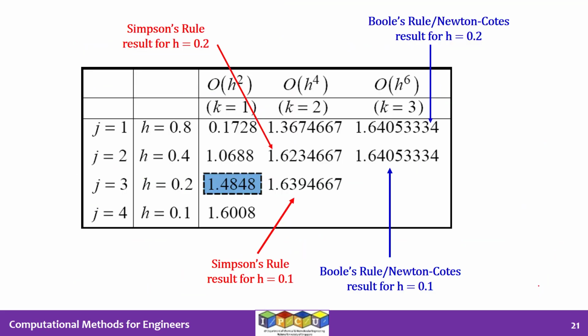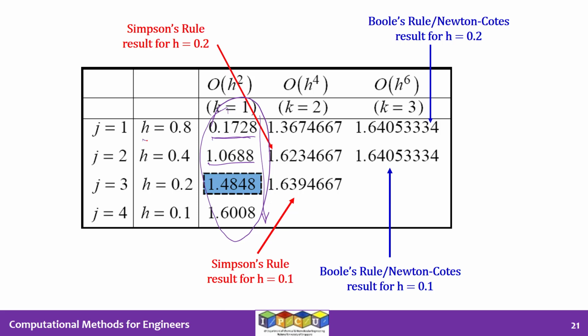Now, I've just arranged these numbers in a table, all right? So these are the estimates we got with trapezoidal rule for various h values. So I hope you remember this number. When we had h is equal to 0.8, we had 0.1728. H is equal to 0.4, trapezoid rule gave us 1.0688, etc. So you have these 4 numbers that you obtained from trapezoidal rule.